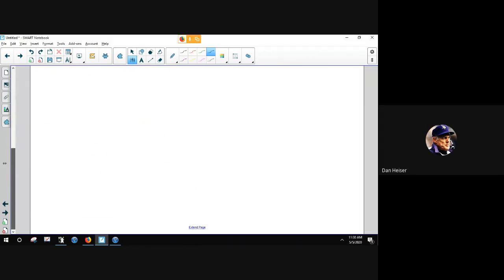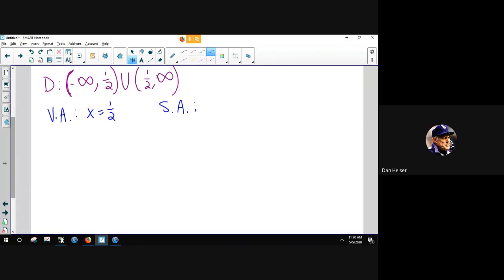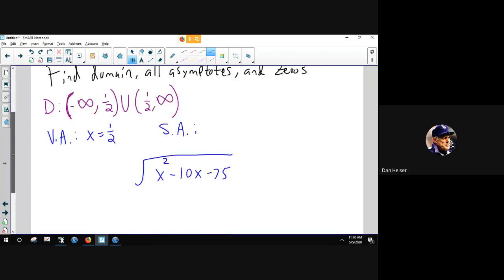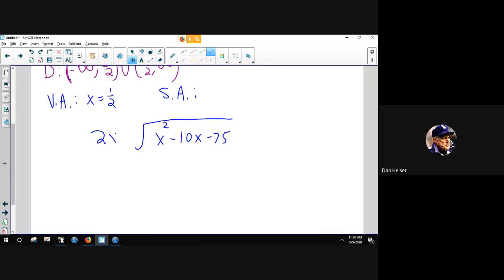X squared minus 10x minus 75. That is going to be divided by 2x minus 1. Again, because this asymptote is a slant, long division is our only option.